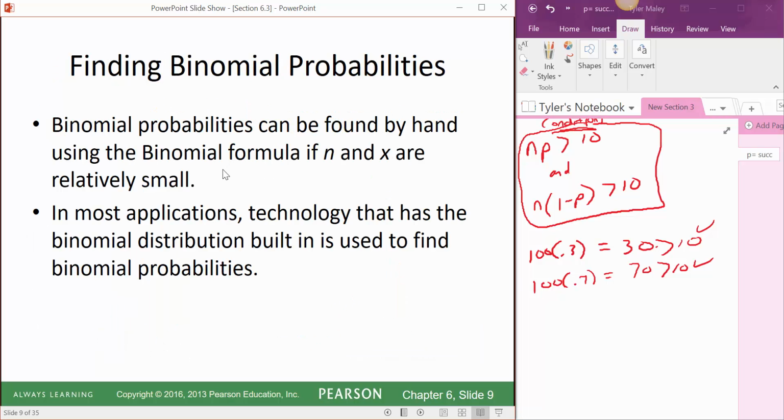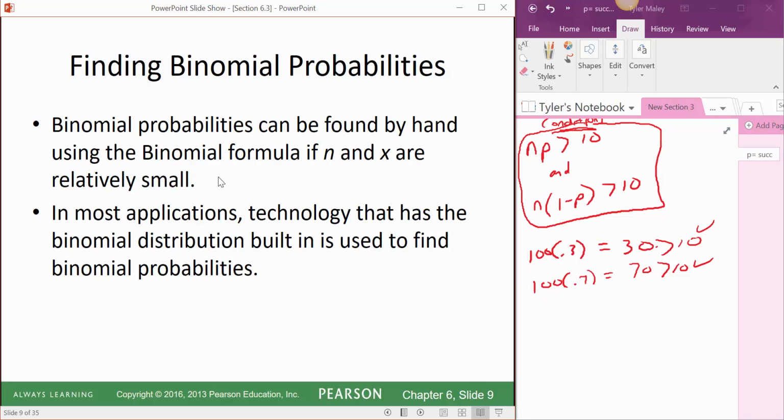So finding binomial probabilities. Binomial probabilities can be found by hand using the binomial formula if n and x are relatively small, right? But it's not practical. It can take a long time to find it using the formula, and the formula can be a little complicated, right?